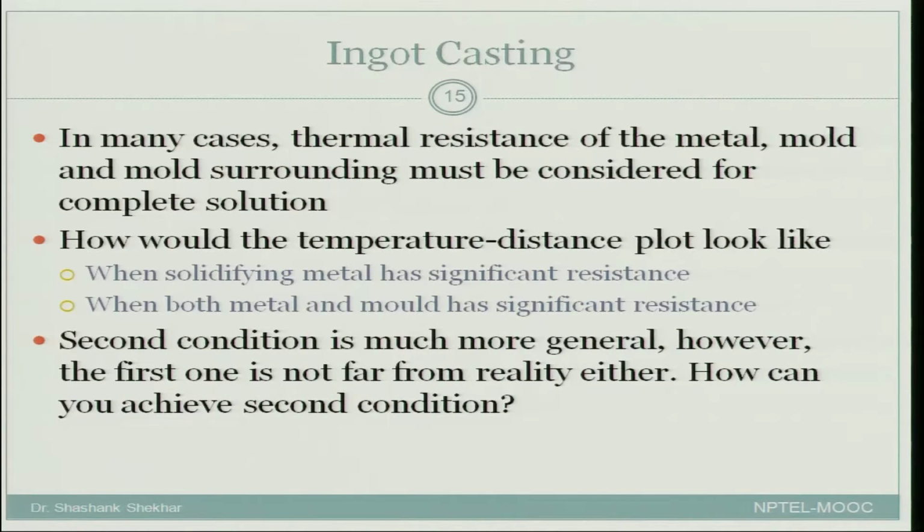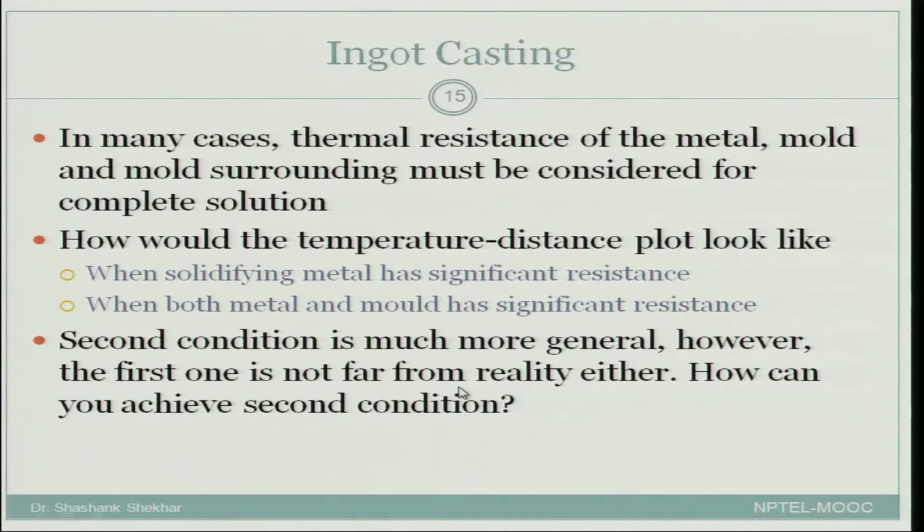And then we looked at two realistic conditions, one when the mold is chilled and another when the mold is not chilled. That is, when the solidifying metal has significant resistance, and when both metal and mold have significant resistance. In one of them the temperature drop was taking place in the solid, and in the other case in the mold as well as in the solid.